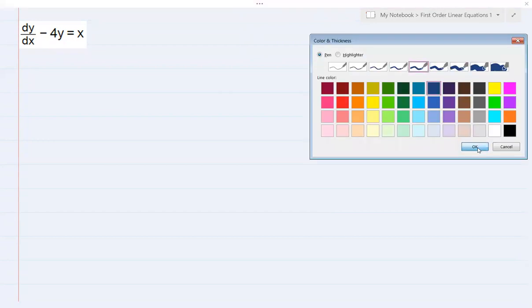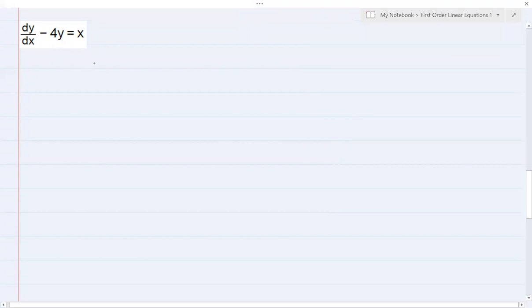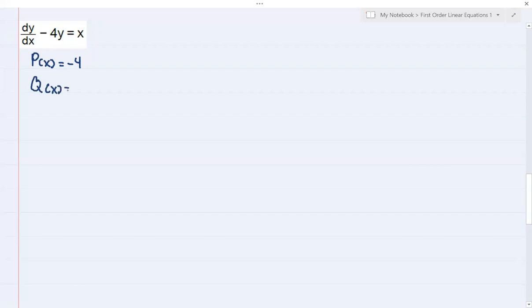What we're going to do now is determine your p of x and your q of x. Your p of x is negative 4. Then your q of x is x itself.